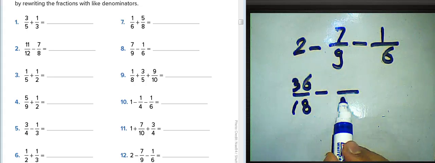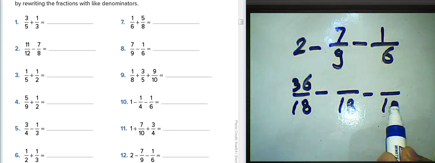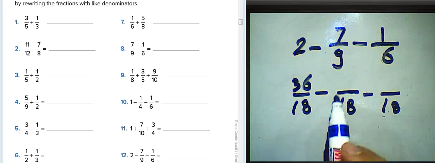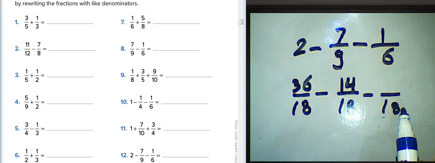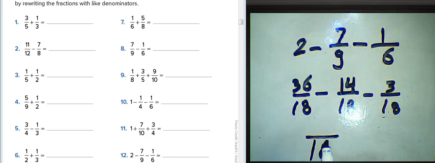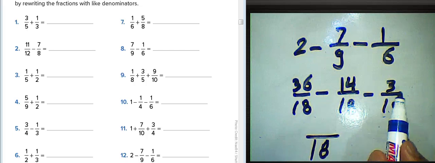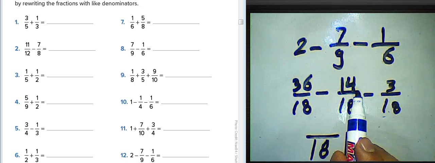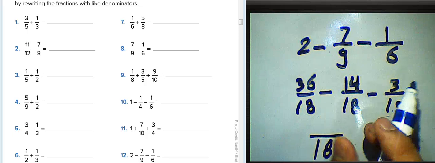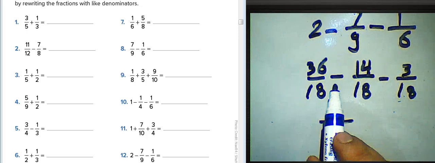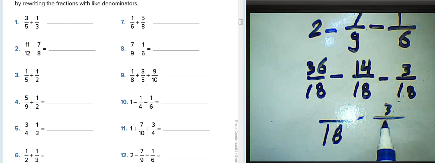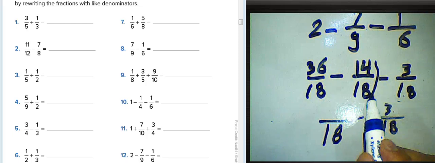And the least common multiple between them equals 18, and then we can write 18 in the denominator. 2 times 9 equals 18, 2 times 7 equals 14. 3 times 6 equals 18, 3 times 1 equals 3. And then we write 18 here in the denominator. 36 minus 14 minus 3. 6 minus 4 equals 2. Here we can find the difference between 36 and 14. Okay, look with me here and write, I will use the commutative property here.